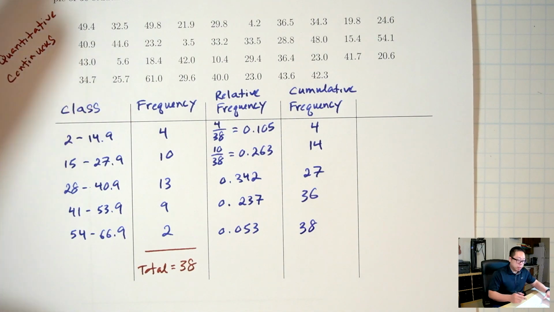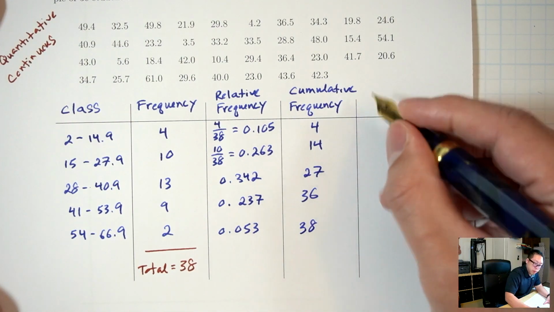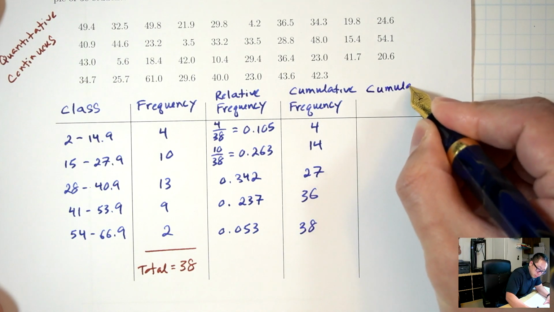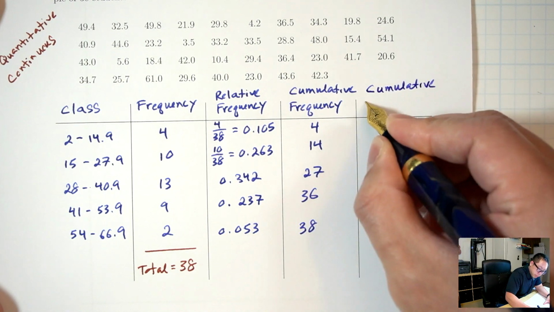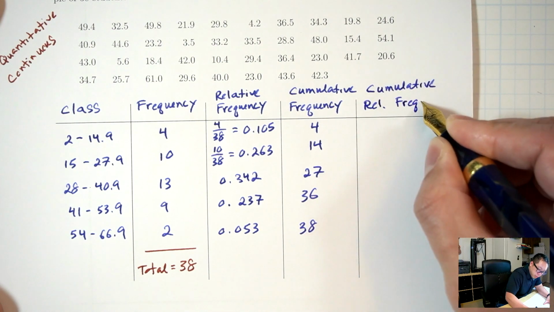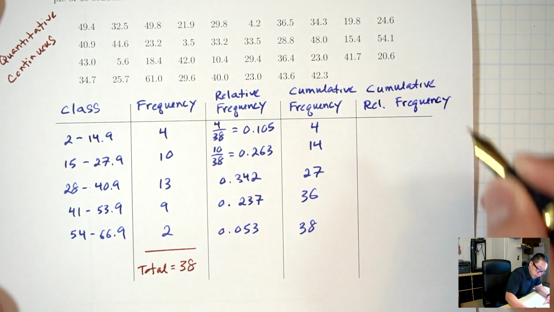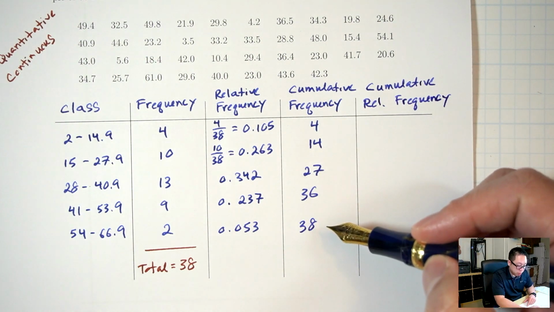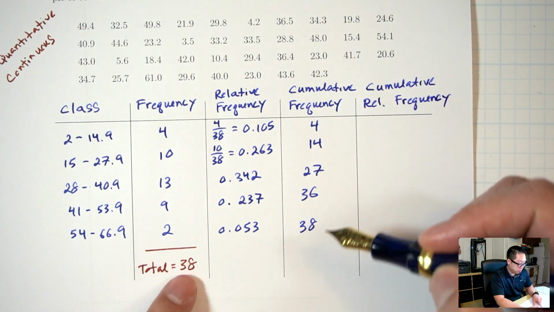And then finally, we talk about cumulative relative frequency. This is just take all of these cumulative frequencies and divide them by the total number of people, which is 38.